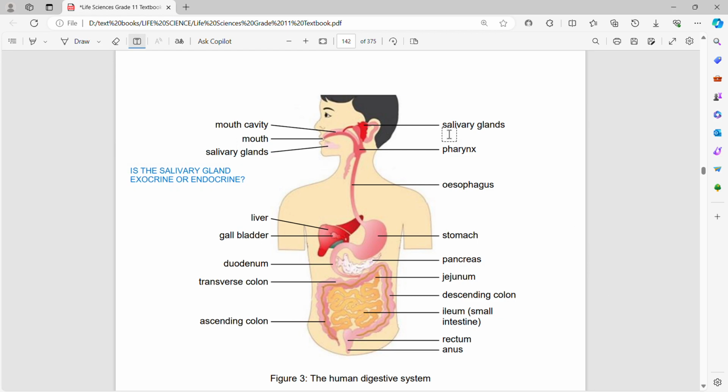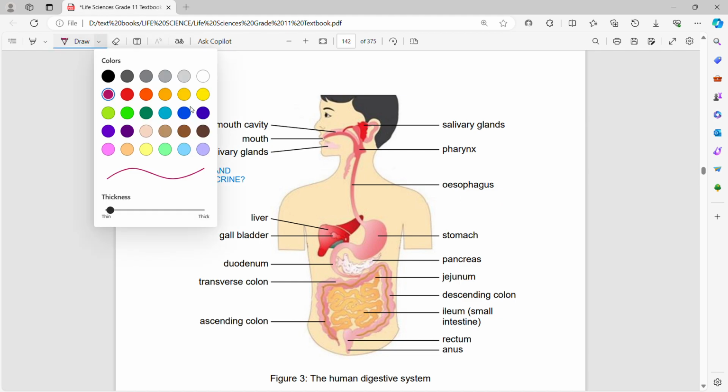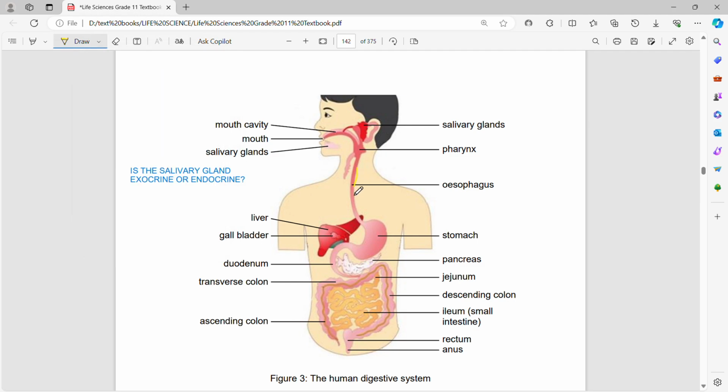Then we have the pharynx, we have the esophagus. This is where your peristalsis process will take place. These muscles will contract and relax automatically so that food from the mouth can travel down to the stomach.